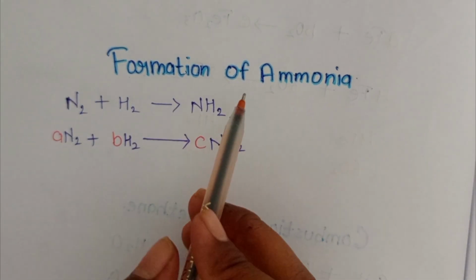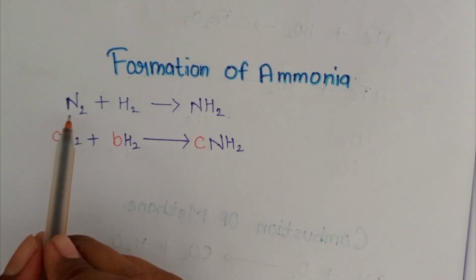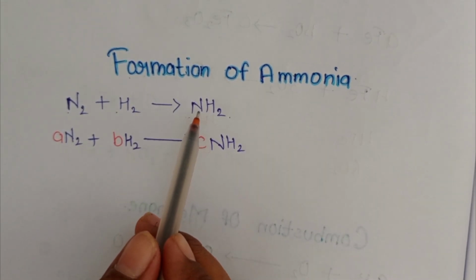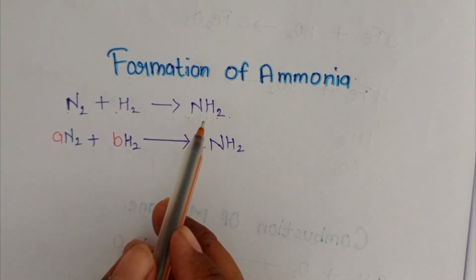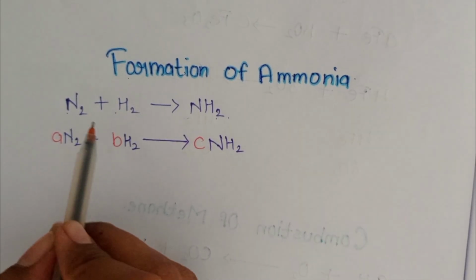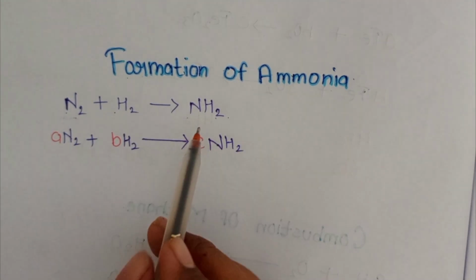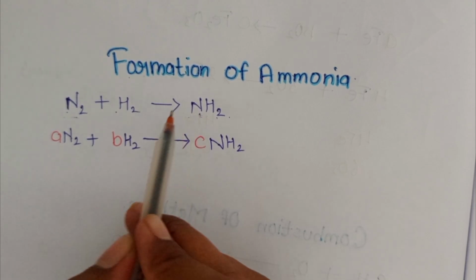Formation of ammonia, NH3. Here is the unbalanced chemical equation. N2 plus H2 gives us the product NH3. It is an unbalanced equation. How can we say this? Because on the left hand side nitrogen atoms are 2, but on the right hand side there is only one nitrogen atom.